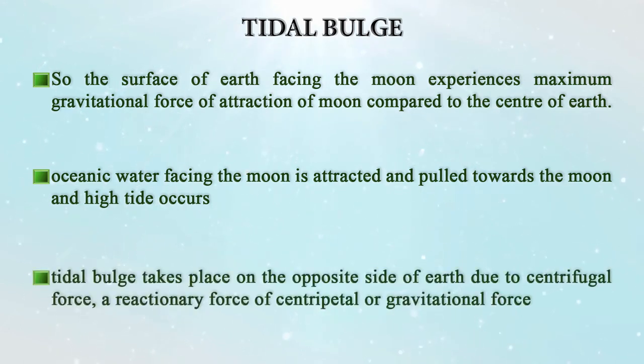A tidal bulge also takes place on the opposite side of the earth due to centrifugal force, which is a reactionary force of the centripetal or gravitational force. So this part of the earth facing the moon, or coming directly under the moon's meridian, will experience a tidal bulge, and a similar tidal bulge will be on the exactly other side of the earth, because at this portion centrifugal force, the reactionary force of the centripetal or gravitational force, will be more active, and so a bulge will be created on this portion.